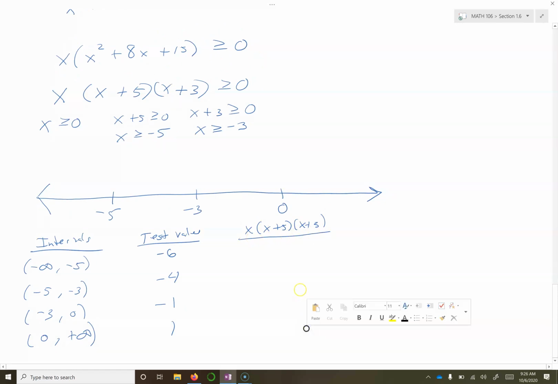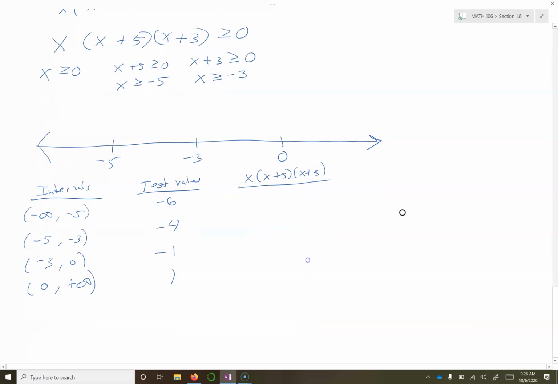I care about positive versus negative. So let's see what happens. So x here, this first term, whatever the sign is of the test value, that's going to be negative. How about -6 plus 5? That's negative. And then -6 plus 3 is also negative. So what's the result?